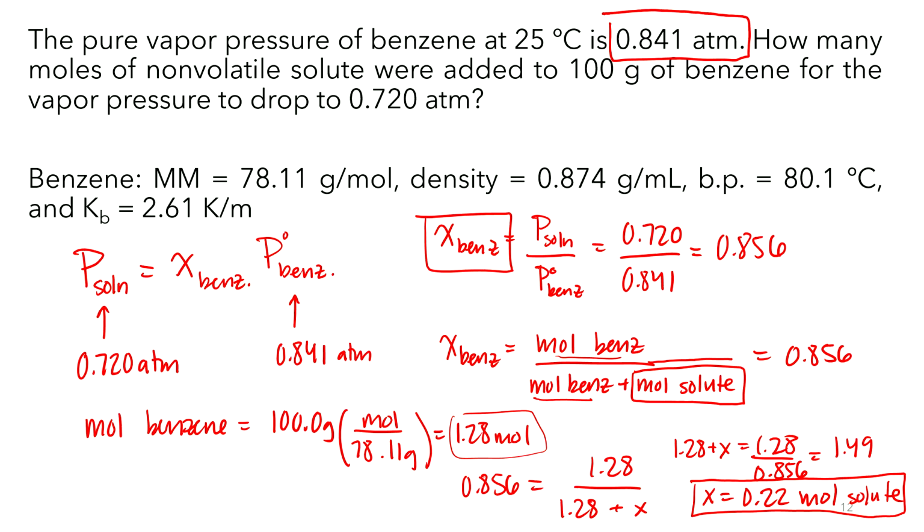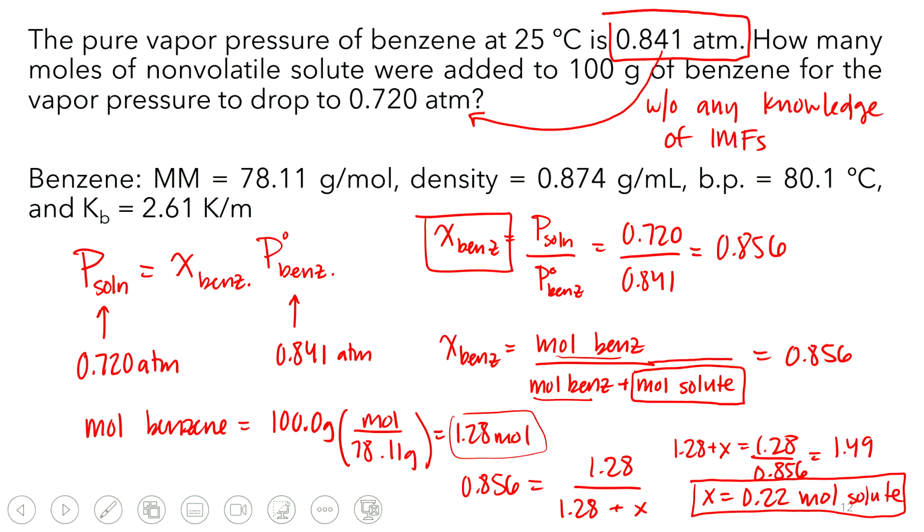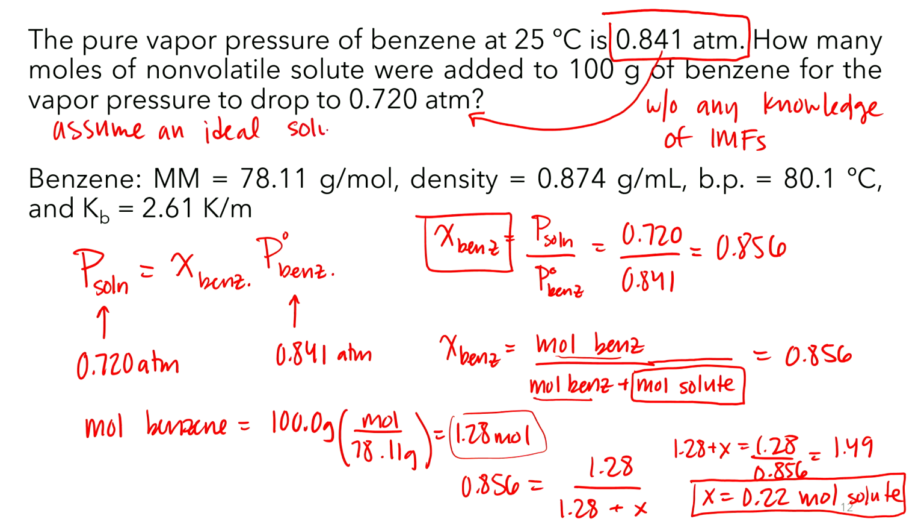And notice here that we were able to predict this change without any knowledge of IMFs, right? Because we assume, this is the assumption, an ideal solution.